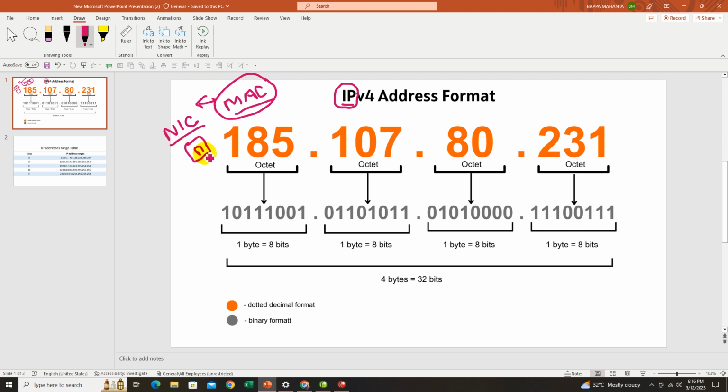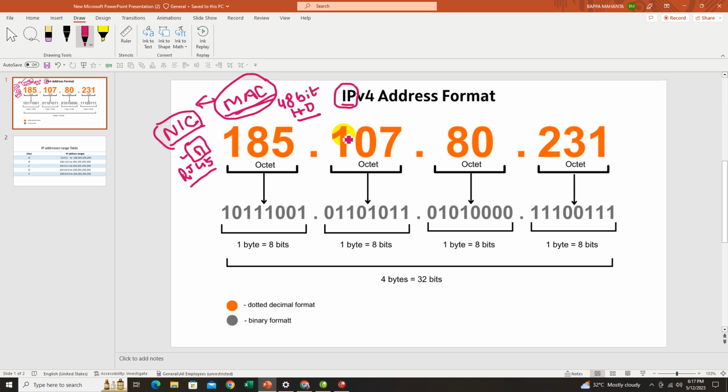Whatever port you use to connect an internet connection, broadband connection or UTP cable, that means a NIC card exists in your computer, and the MAC address is mentioned on this NIC card. It is 48 bits in size and written in hexadecimal, remember.